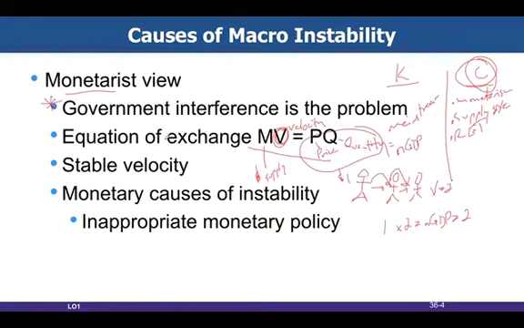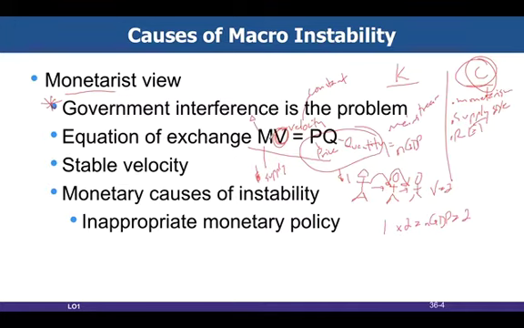Okay? So the monetarists hold very closely to this. And an important idea here is that velocity is constant. Okay? So they believe that, and this is based on their view of data, that velocity is a constant factor. Therefore, by changing M, you can change nominal GDP in a very direct way.